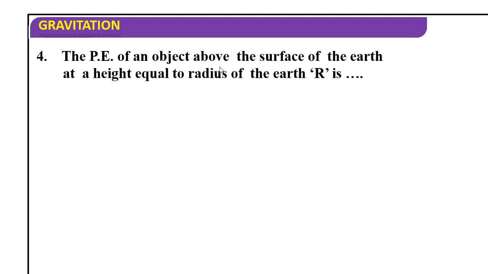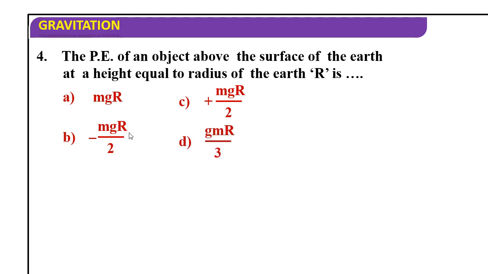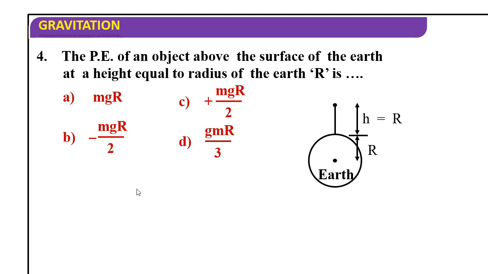Fourth one, the P of an object above the surface of the earth at a height equal to the radius of the earth R is mgR by 2. Minus should be there, so minus mgR by 2. Without solving also we can give this answer.